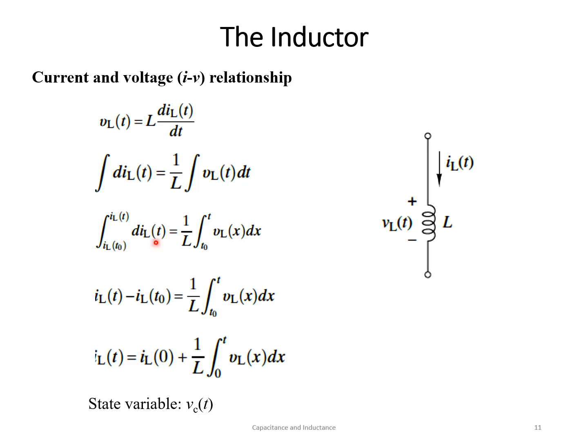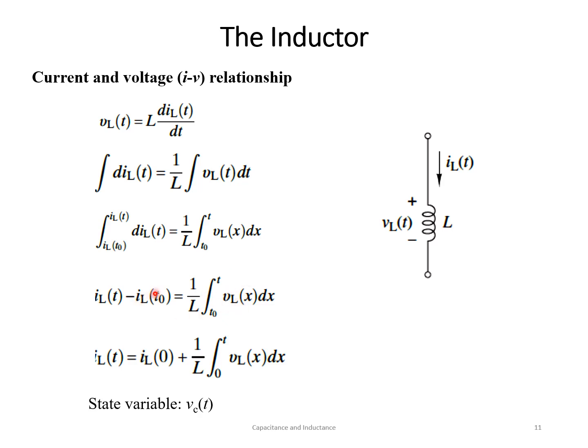And further, if we have integral sign and d operator over here, it is simply iL(t) minus iL(t0), and we'll reproduce the integral as such, because we don't know what vL is. Until and unless we know the expression of vL, we will leave it as such.